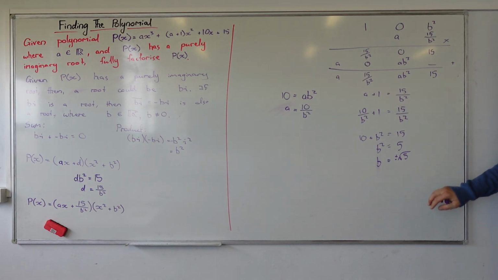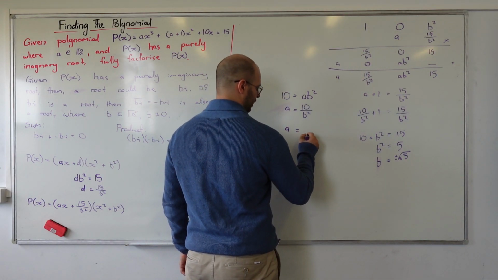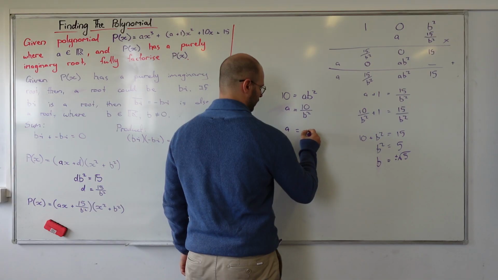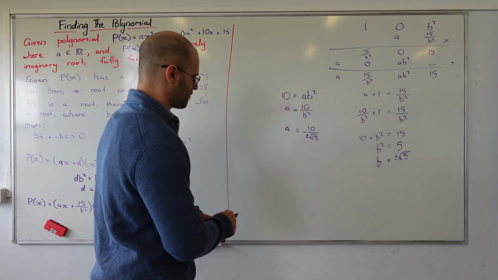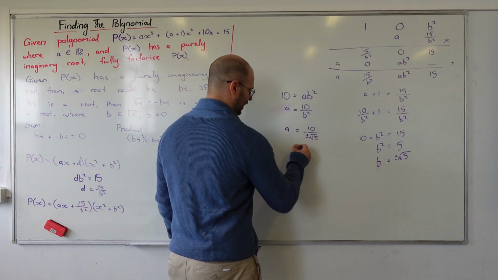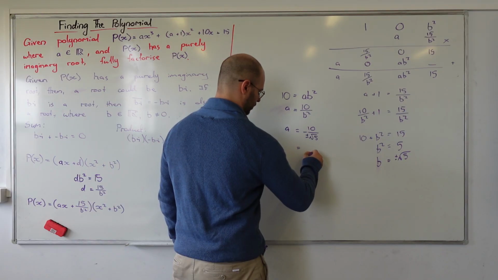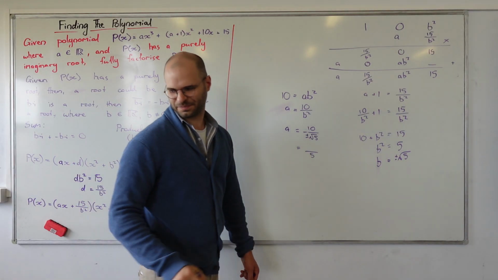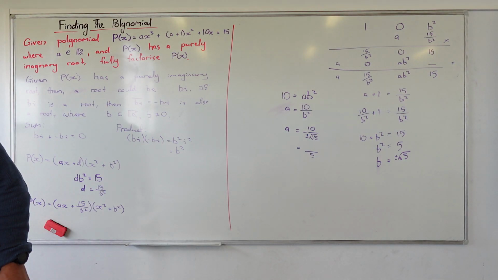So b equals plus or minus root 5. And because of that, a is going to be plus or minus root 5 over 10. Rationalize the denominator. That's going to be 5. Is that the right answer? Maybe.